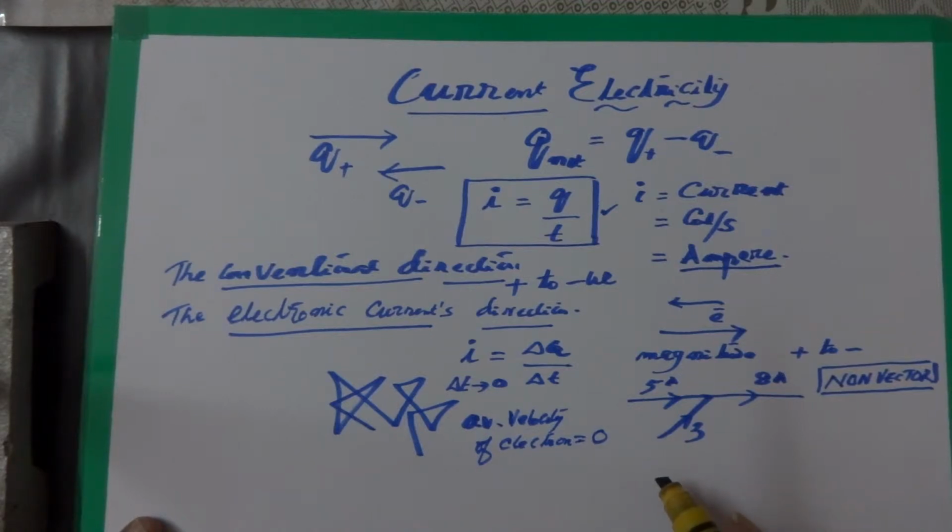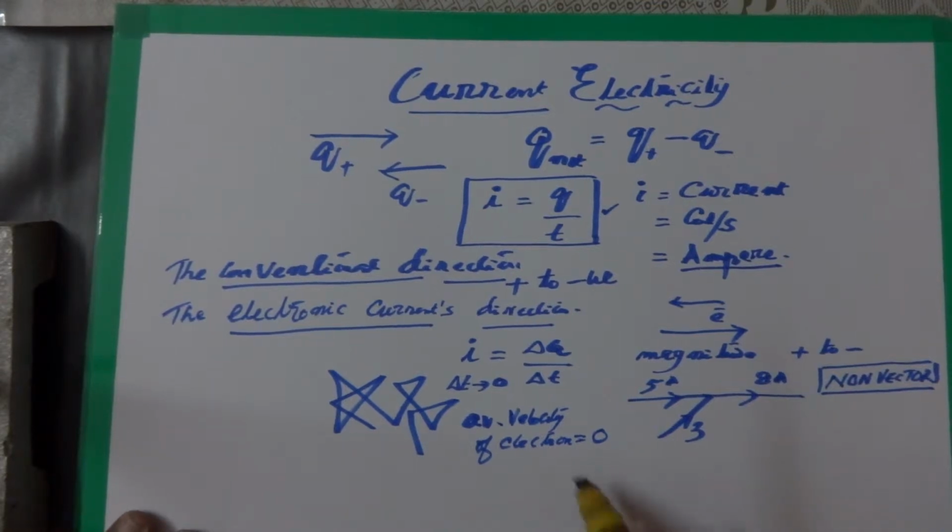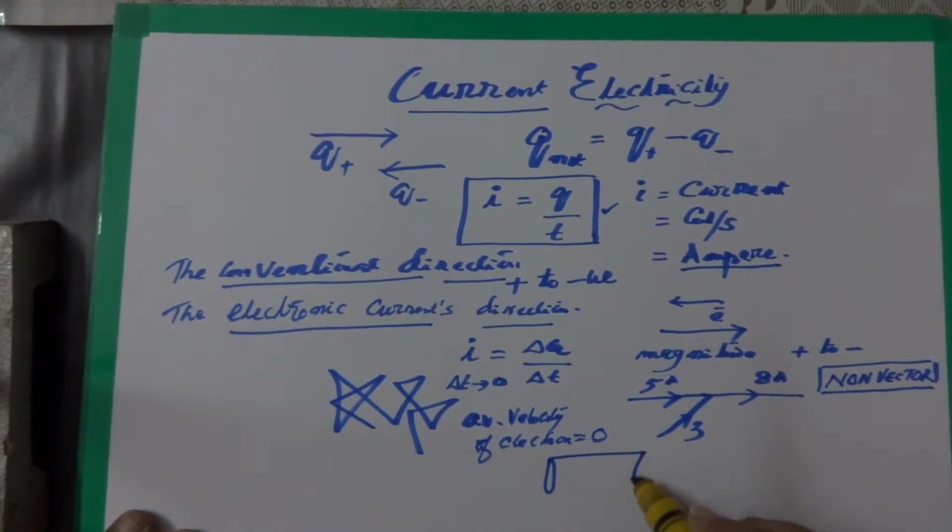Now, how do you make these electrons move in a specific direction, or how do you give velocity to the electrons, or how can the current be constituted in a metallic conductor? For that, you must apply a potential source. Let this be a conductor.